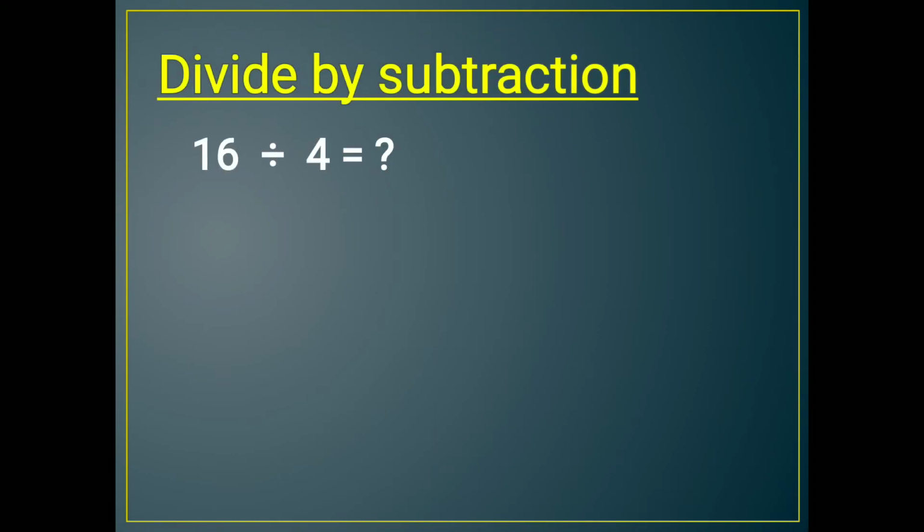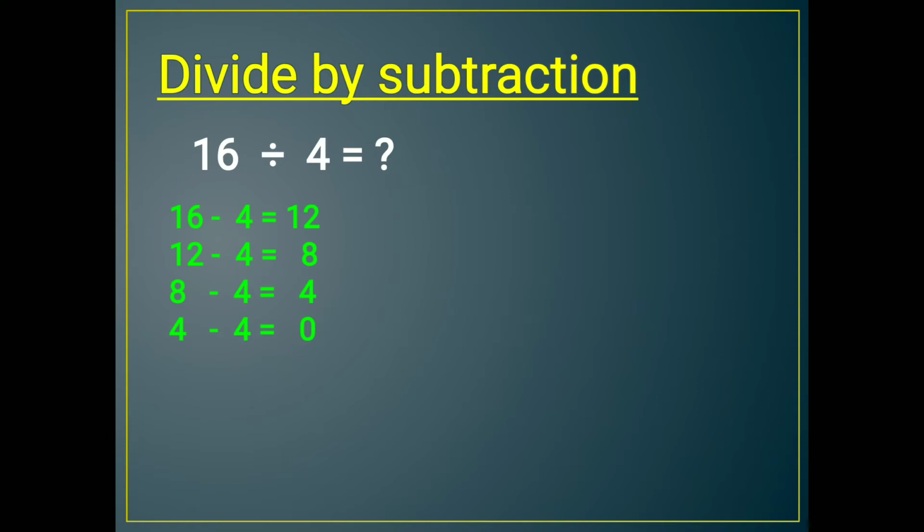Now, children, you know division is also called repeated subtraction. So students, let's divide 16 by 4 by the repeated subtraction method. First we will subtract 4 from 16, we get 12. Now we will subtract 4 from 12, we get 8. Then we will subtract 4 from 8, we get 4.